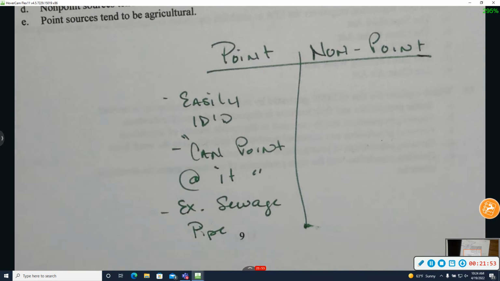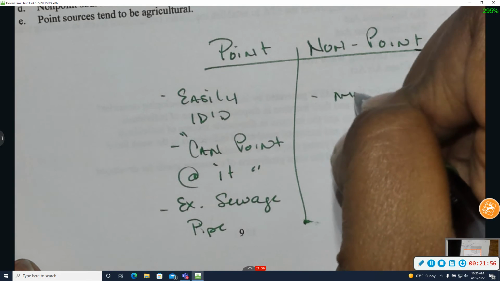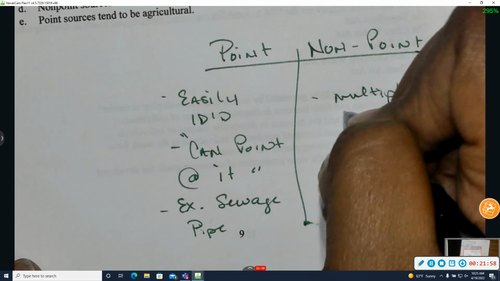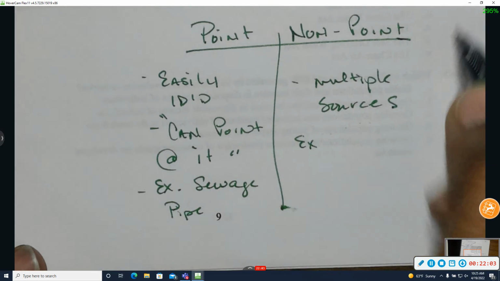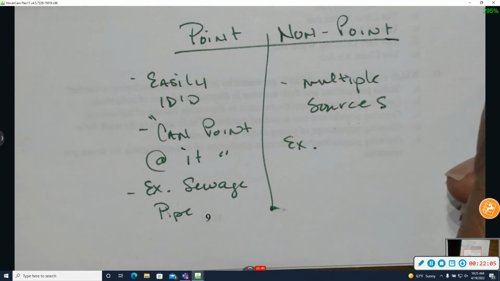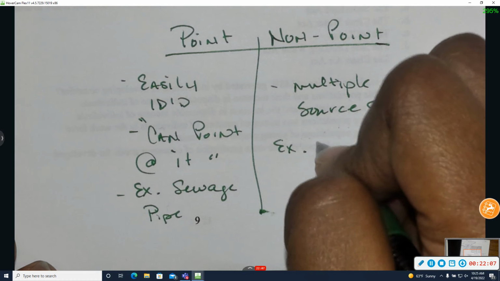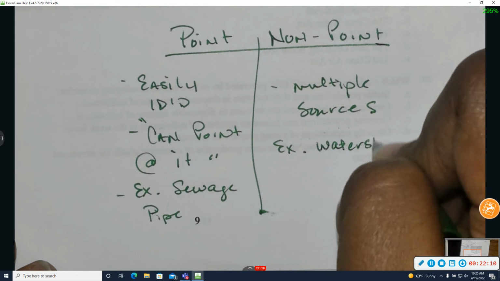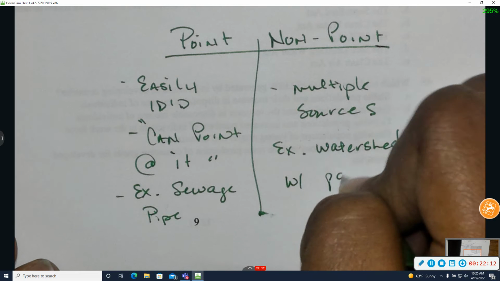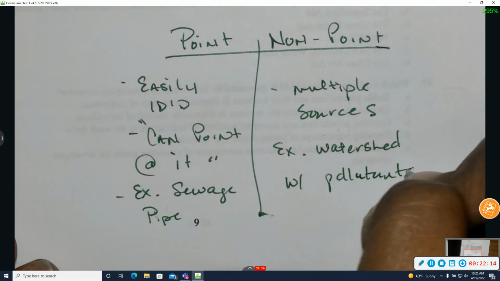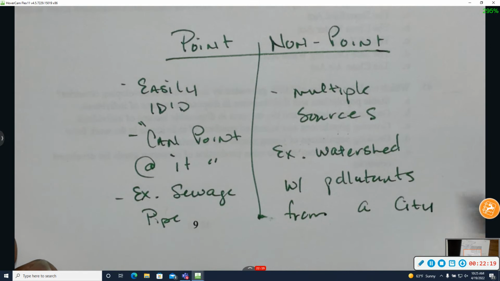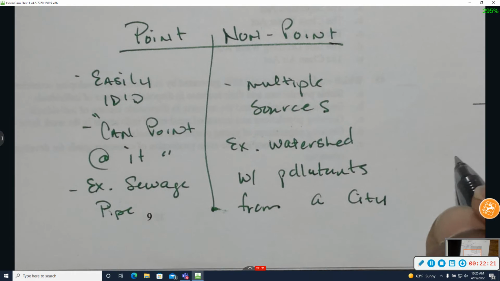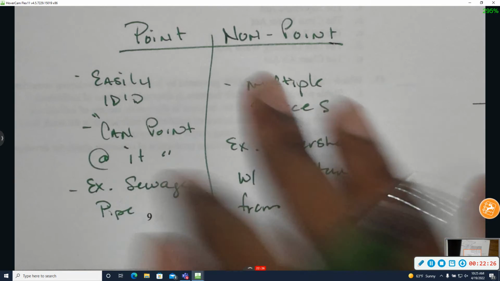Your non-point is not as easy because it comes from multiple sources. Your example would be a watershed with pollutants from a city. And maybe it's a city and a farm and an industrial complex, all these different things all at one time. So that's your non-point.